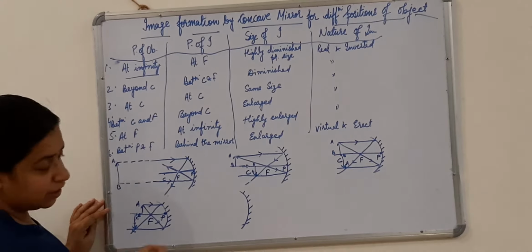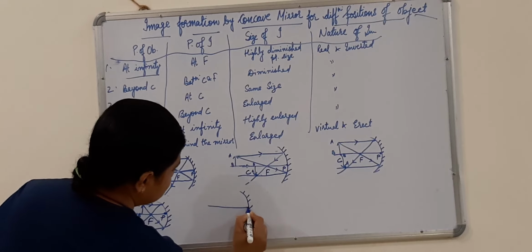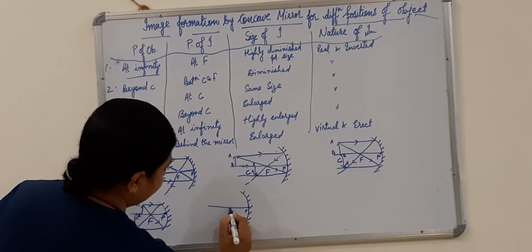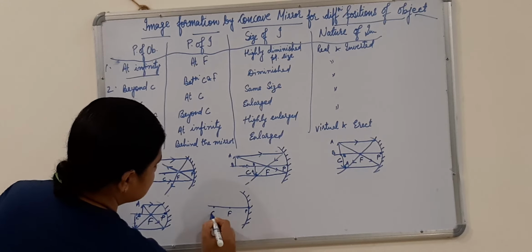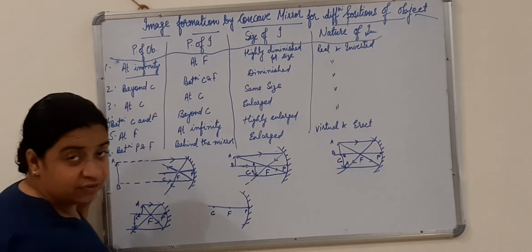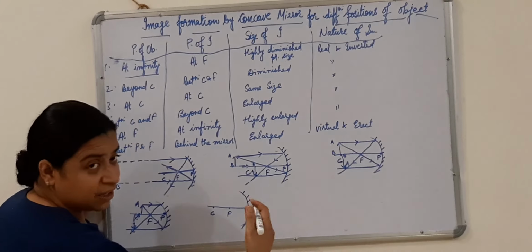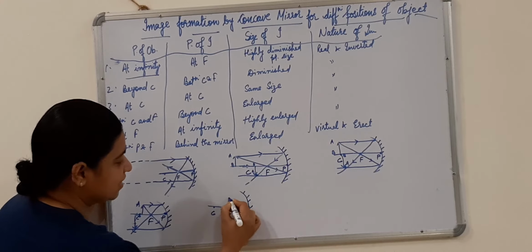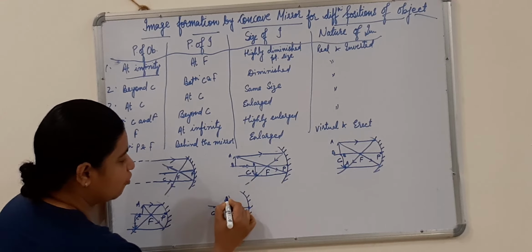Now next position. See, concave mirror. Always draw these things first: pole, focus, center of curvature. At the previous position the object was between C and F. Now the object is coming closer to the mirror, and in this case the object is at focus.